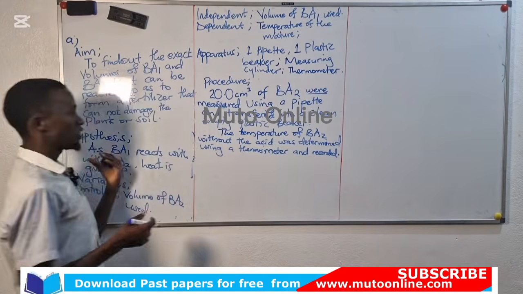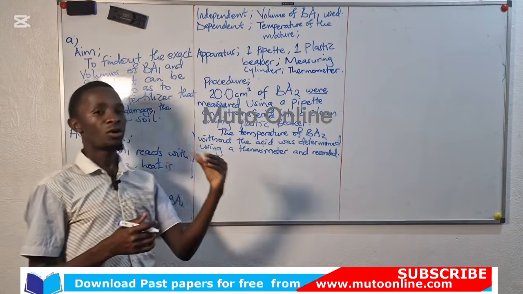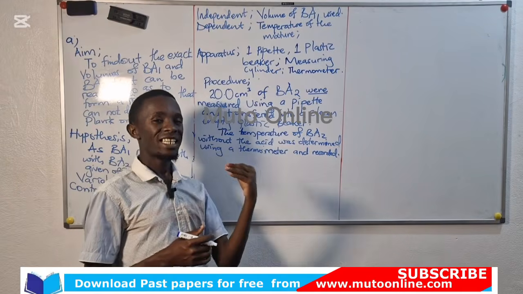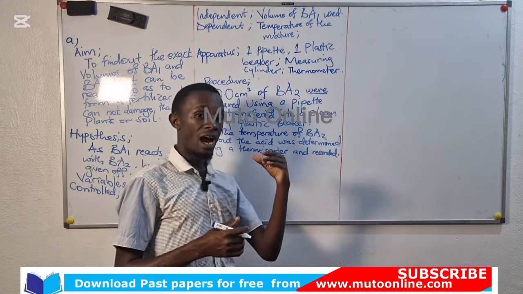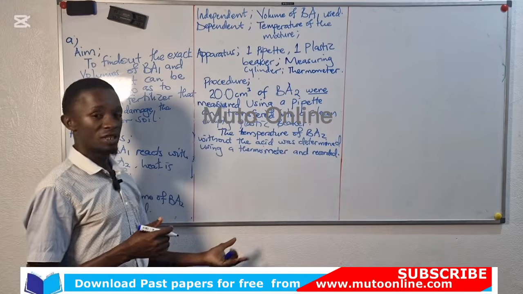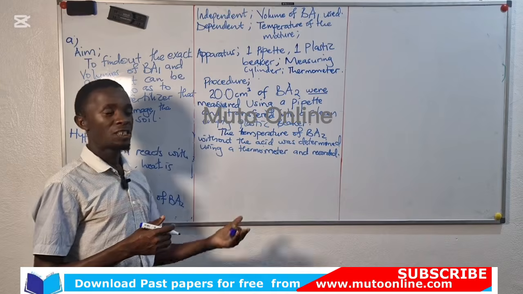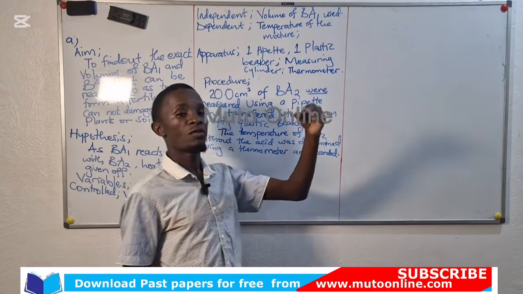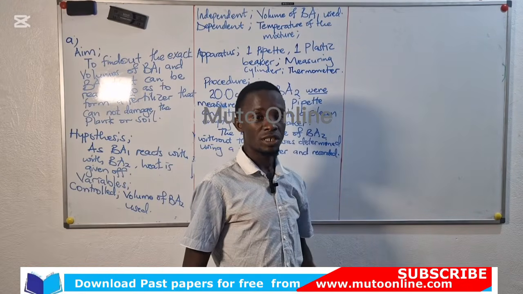So the next procedure, we say we are going to add equal volumes or uniform volumes of the acid at intervals while stirring and determining the temperatures of the mixture. For 7 values, until when the volume of the acid added is, let's say, 30 cubic centimeters.